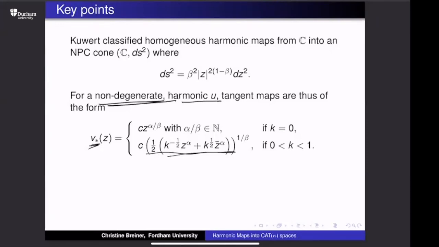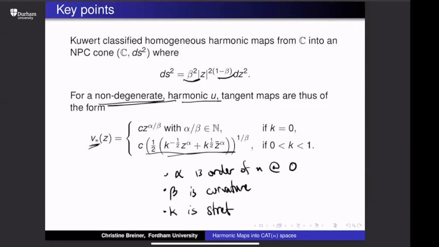Korevaar did characterize when k equals 1. What I should say here is that alpha is the order of U at 0 in this case, where we're centering. And beta is about the curvature. Beta is how the curvature concentrates at the origin. And k is what we call the stretch function.